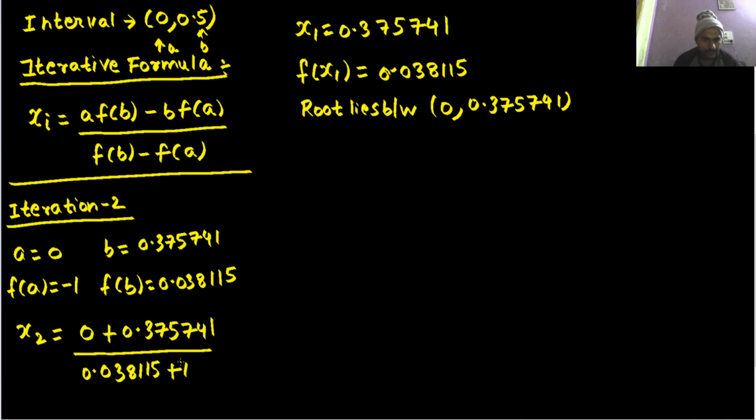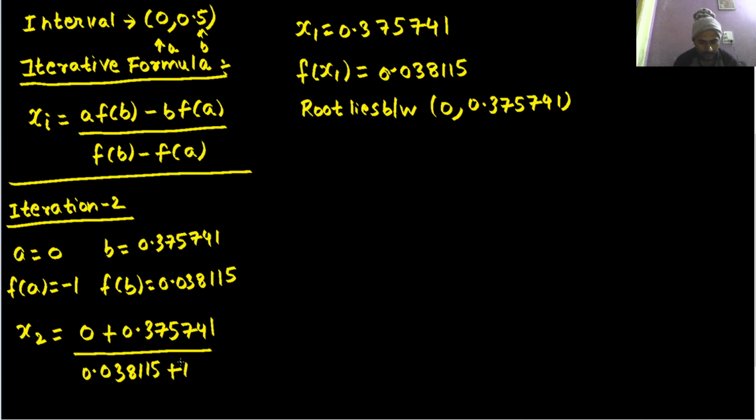So this value is 0, so this is 0.375741. Okay, and this is being divided by 1 plus 0.038115.